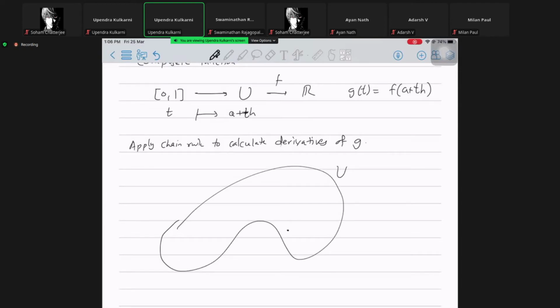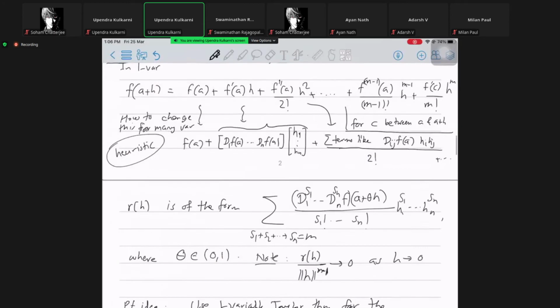Of course, I'm not going to choose A plus H over here. But what I will do is put a ball around here, and I'm going to make the statement only for things in this ball. The choice of the ball is up to me.